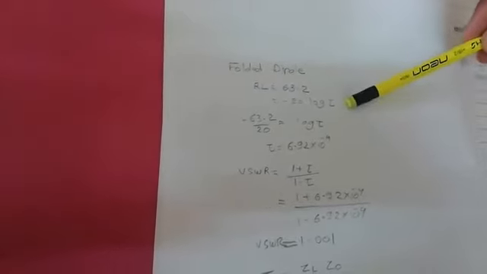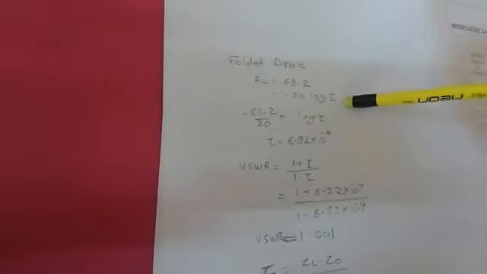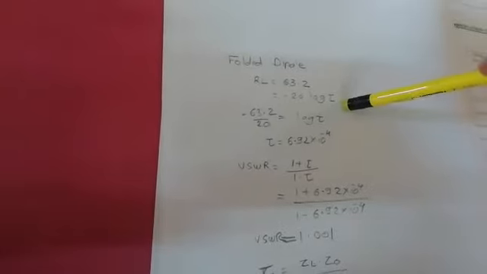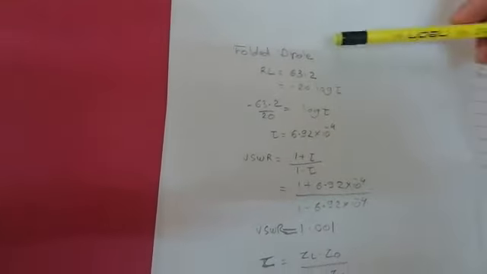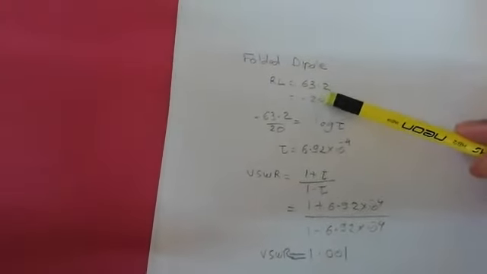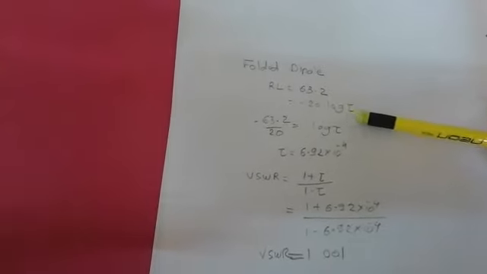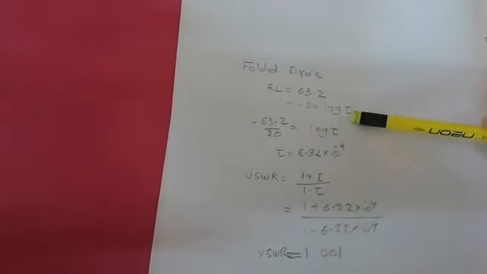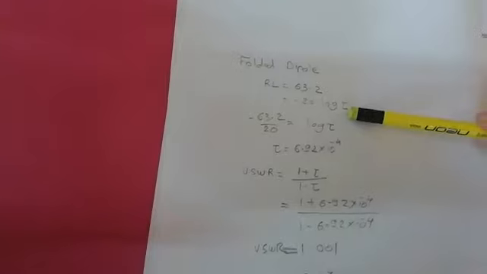We have to use our calculators to do the calculations for return loss, reflection coefficient, VSWR and all these things. I have to calculate the gamma value, the reflection coefficient, to find out the VSWR and the impedance.